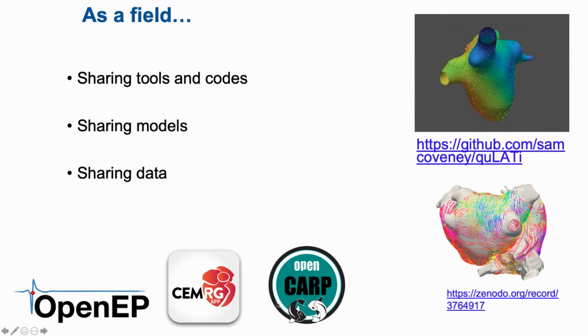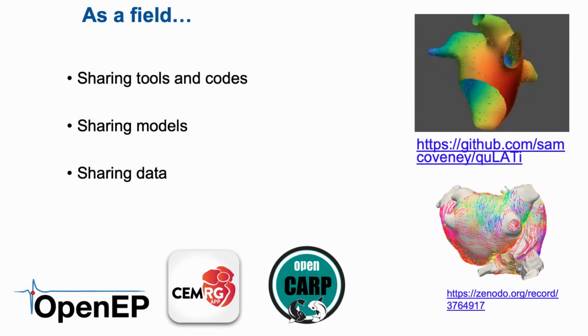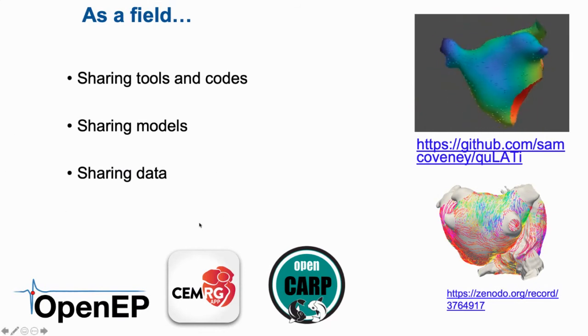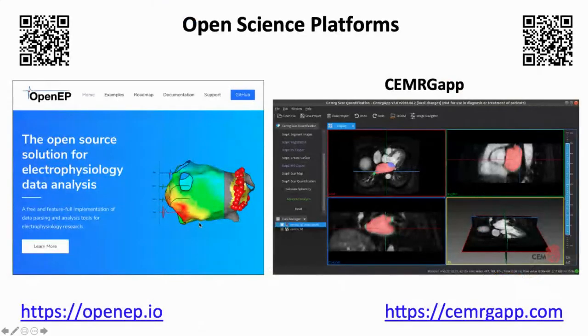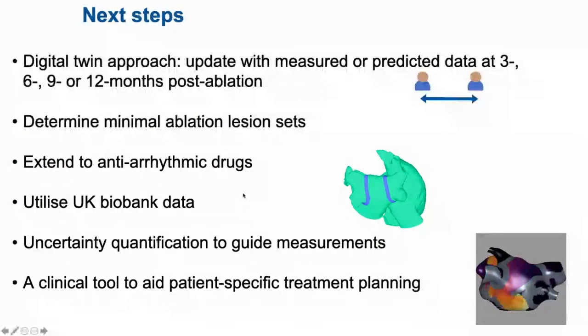But anyway, this is really useful for us as a field, because it means we can all run our simulations, we can share our parameter files, we can hopefully share our models, and it makes them more reproducible as well. So this is an area I think we need to be moving towards. As I said, these two open science platforms. The links are here.